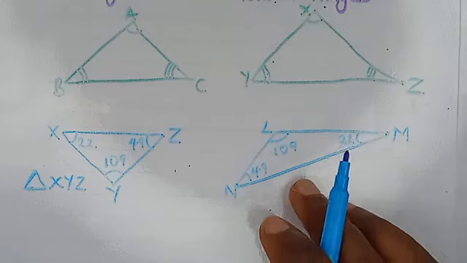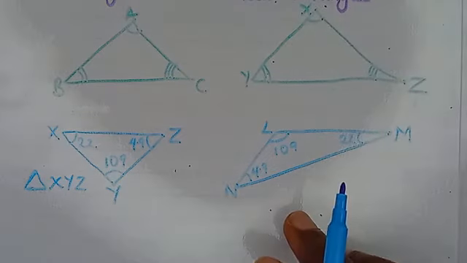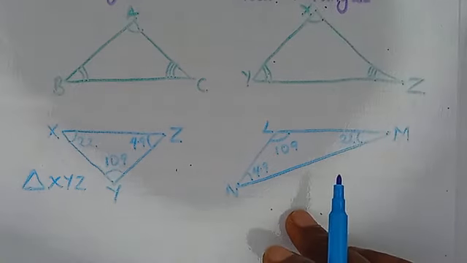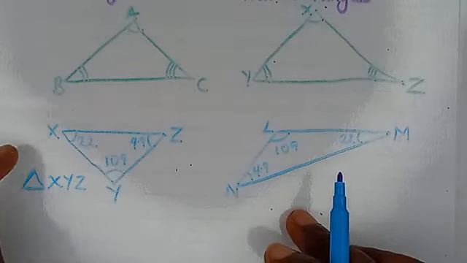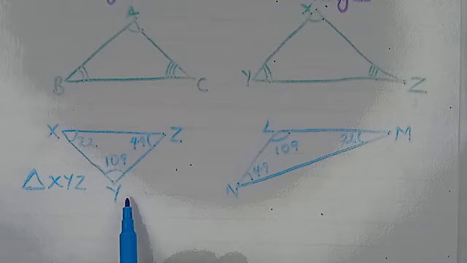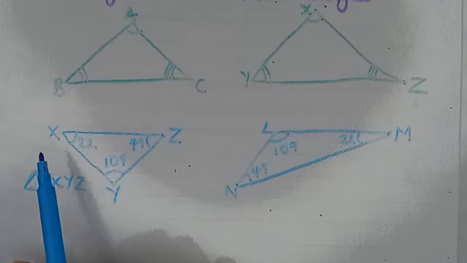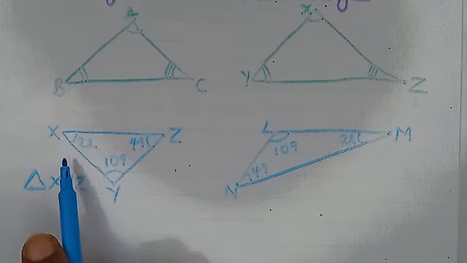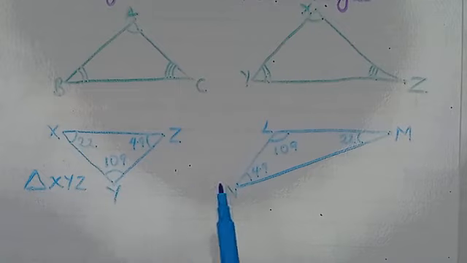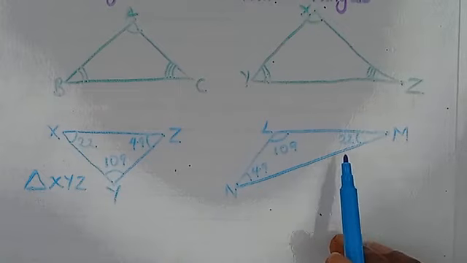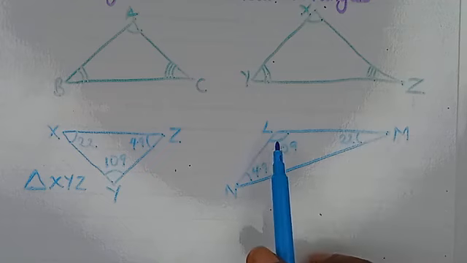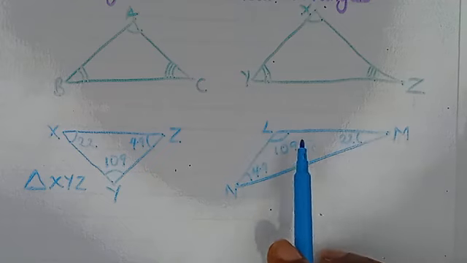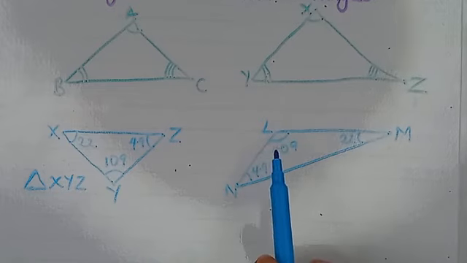Now, in order to name this one so that they correspond, since we said XY is the side between angle 22 and angle 109, we'll come here and name it. Between angle 22 and angle 109, we have ML, just in that order.